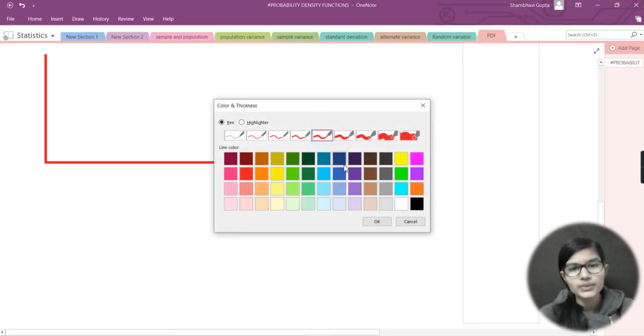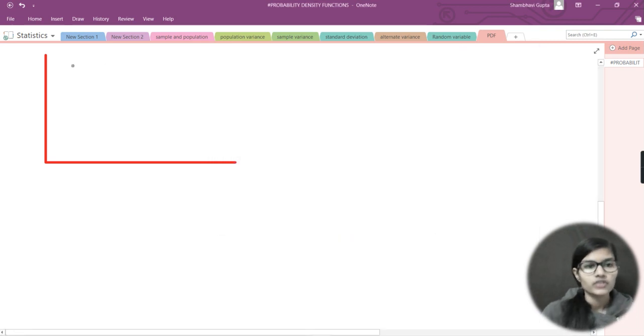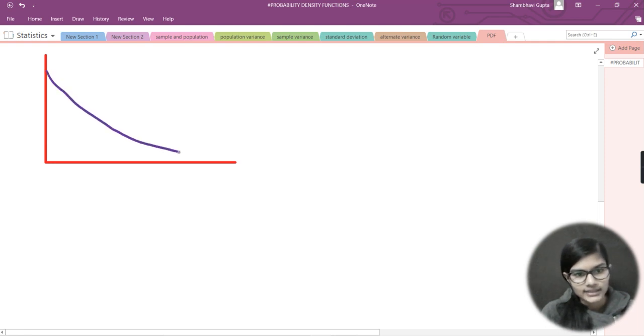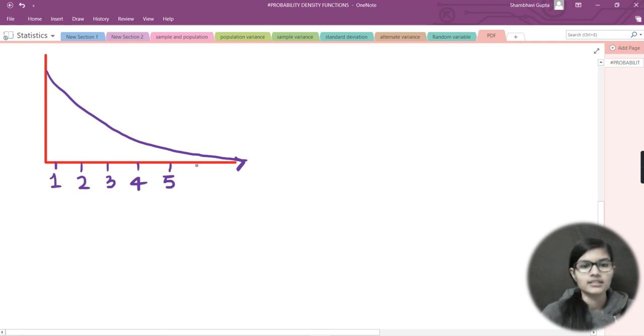The next one we are going to see is the exponential distribution. As you have all seen, the graph for the exponential looks something like this, and it goes to infinity. So this is a type of exponential graph, and you must have seen these graphs in mathematics.